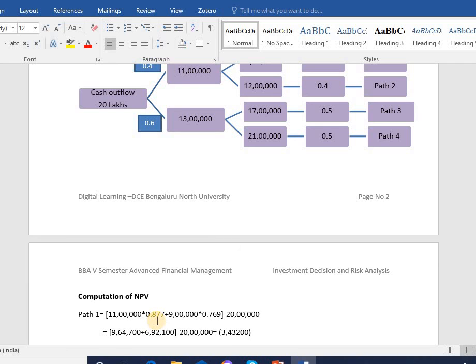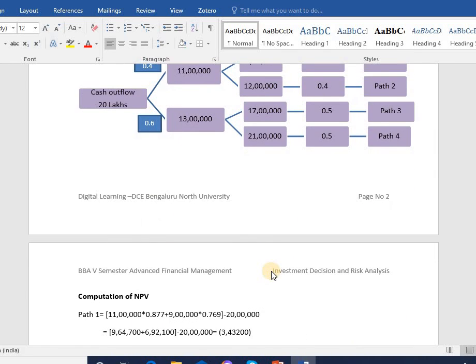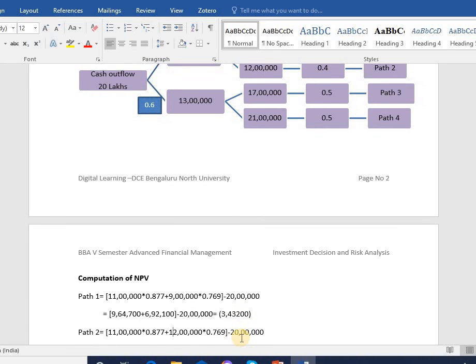We need to discount with that: 11 lakh into 0.877 plus 9 lakh into 0.769, the second year's 14% discount factor, minus 20 lakh, which is the cash outflow. So 11 lakh into 0.877 is 9,64,000, and with 9 lakh into 0.769 minus 20 lakh, we get 3,43,200.